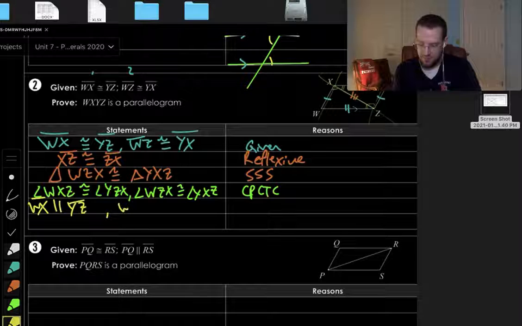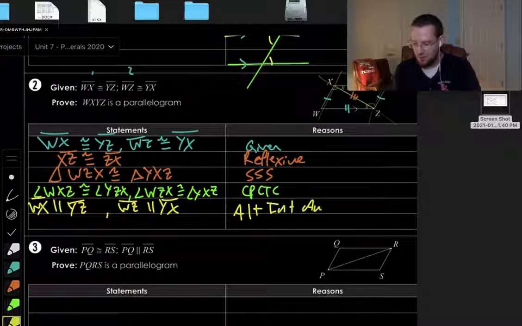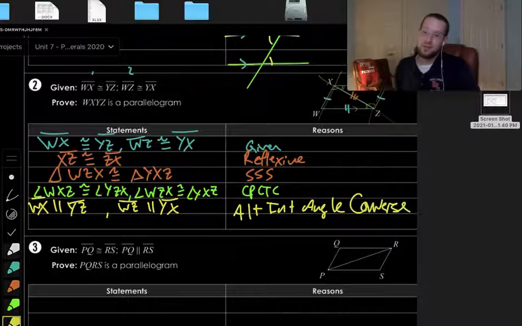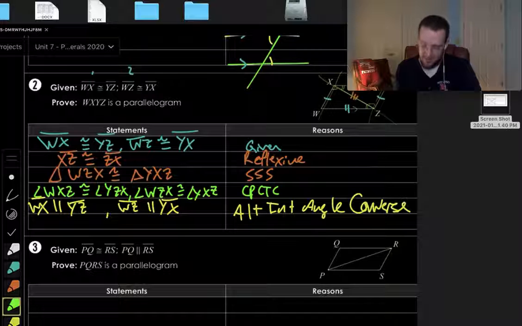parallel. And like I said in the beginning, this is the alternate interior angle converse. It's if Q then P. This is the converse. So the opposite sides are parallel.